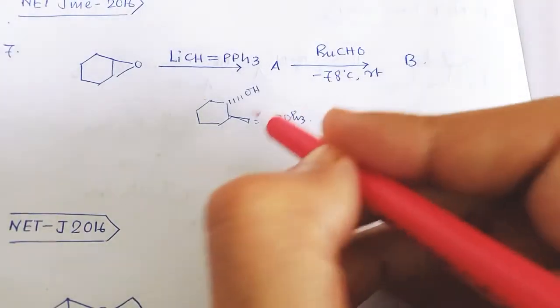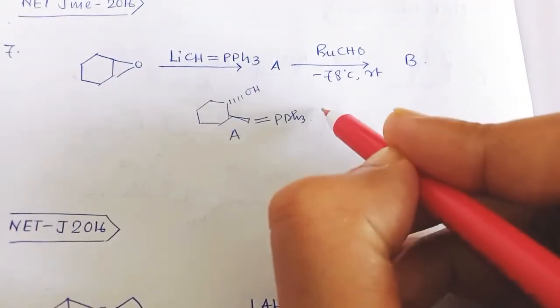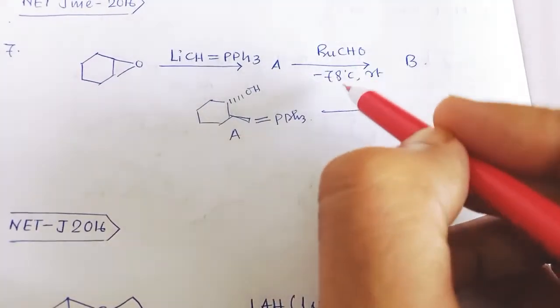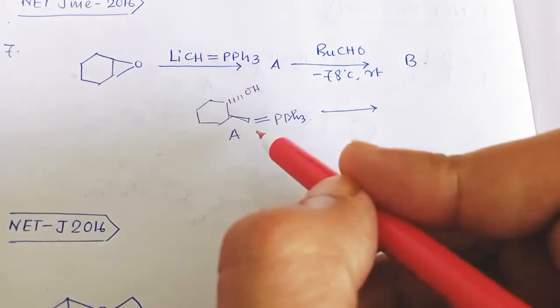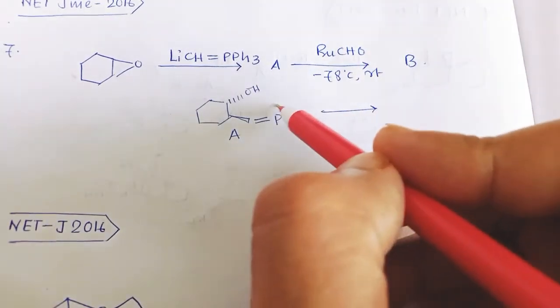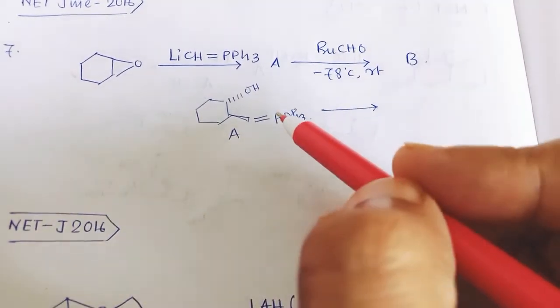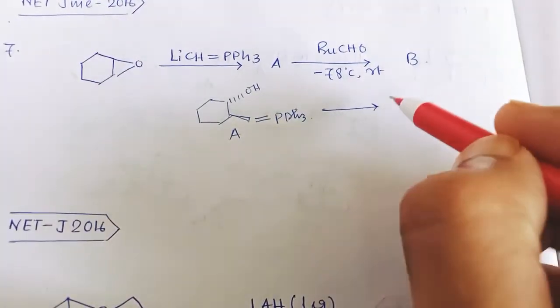So basically this will be A, and after treating with this, as this is an unstabilized ylide, the cis product will form.